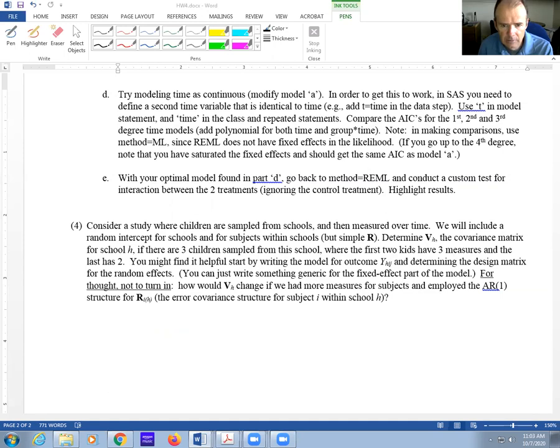Okay, so yeah, anything else you guys want to talk about? I'm going to write down a few of the things. So it's missing data, impact on covariance structures.